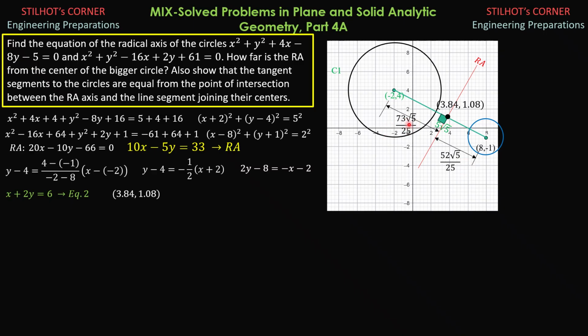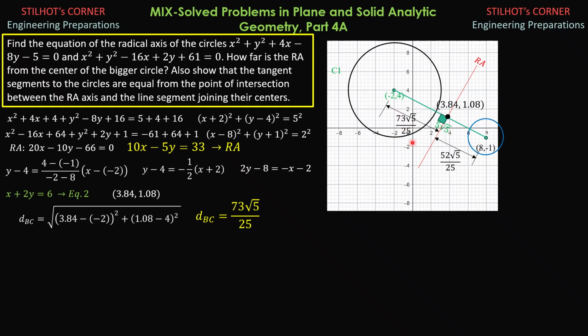To show that the distance from the point of intersection between the radical axis and the line segment joining the centers to the center of the big circle is 73 square root of 5 over 25, by the distance formula, it is the square root of (3.84 minus negative 2) squared plus (1.08 minus 4) squared. And that is indeed 73 square root of 5 over 25. So this 52 square root of 5 over 25 is 5 square root of 5 minus 73 square root of 5 over 25.